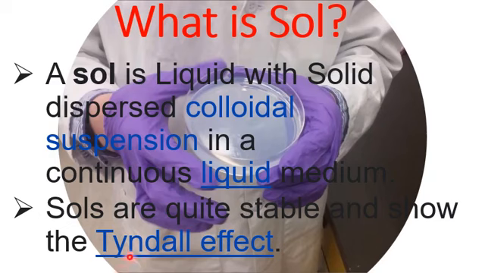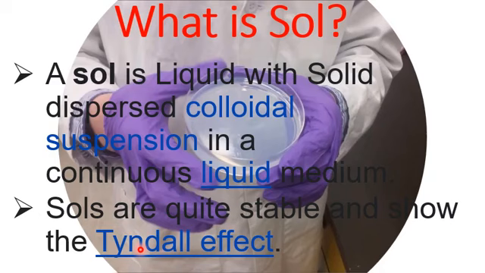So what do you think, what is the Tyndall effect? The Tyndall effect is an effect of light scattering, the scattering of light by particles in a colloidal solution. Basically, in the Tyndall effect the light is scattered by a sol in a liquid.